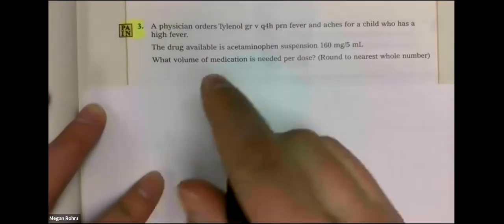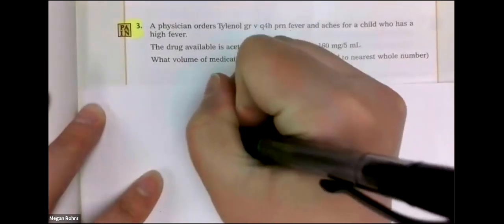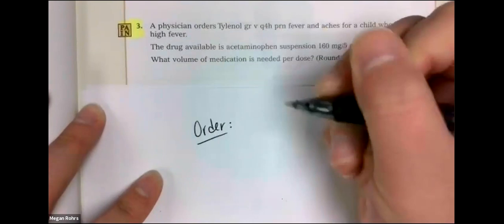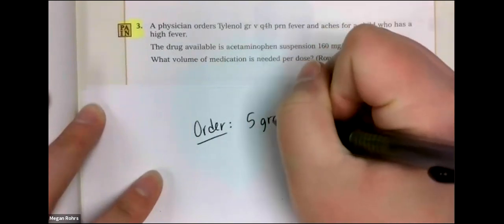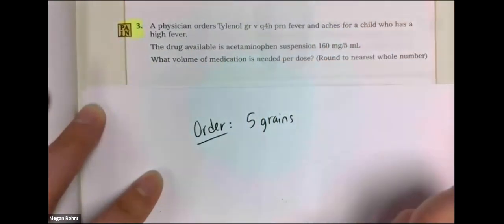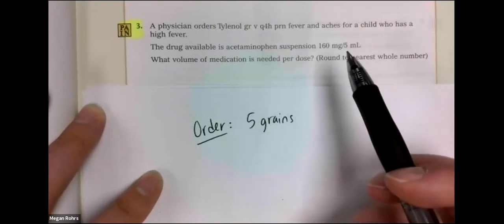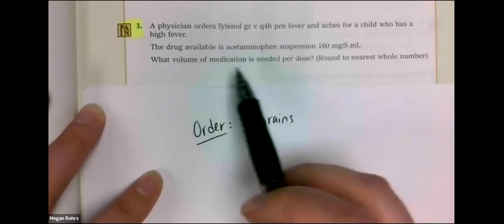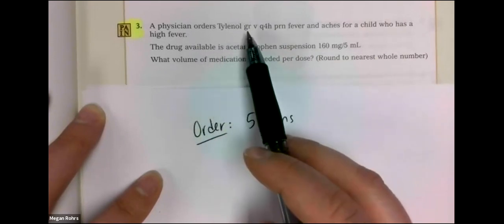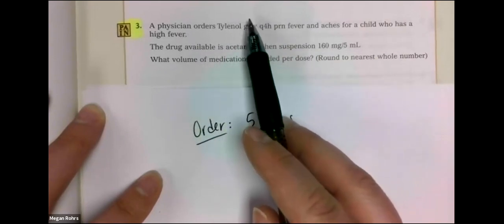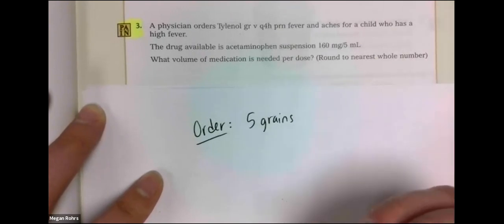So the order here, they're ordering 5 grains every 4 hours. So we're looking for the dose volume. So all we care about is how much they're getting at one time. So that 5 grains.